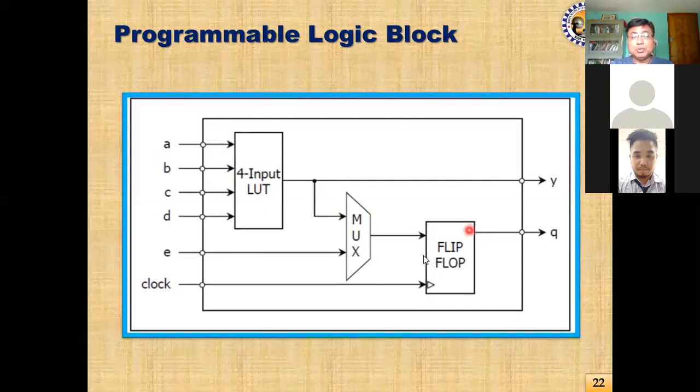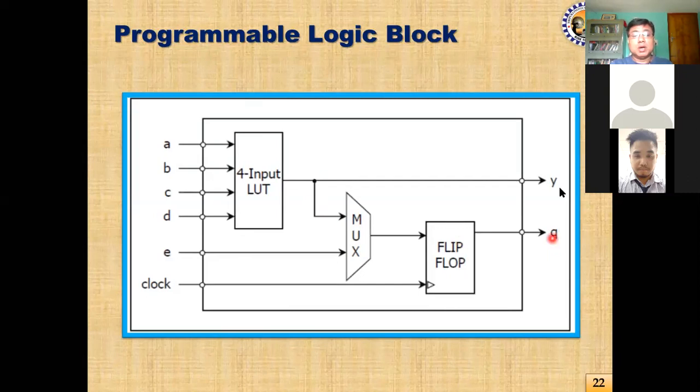If you have to use this flip-flop, then you will have to use this mux. You will have to make this mux input active, so that the output through this mux will go to the flip-flop, and the data will be stored in this flip-flop. The stored data through its Q output will be available in the output.